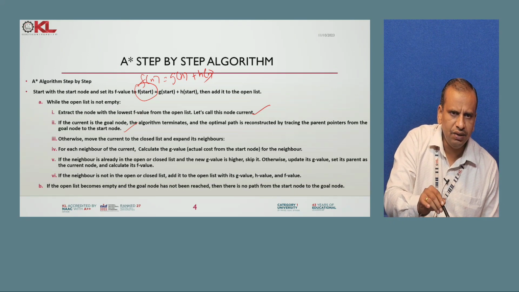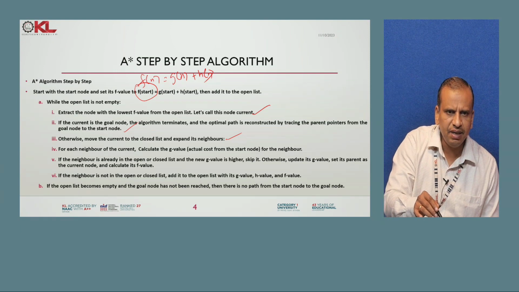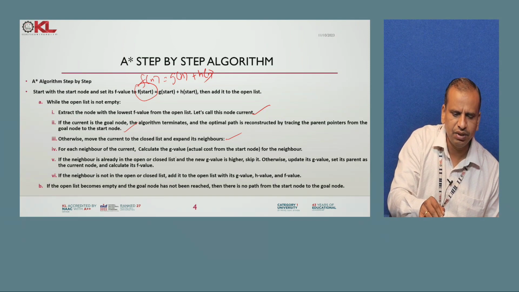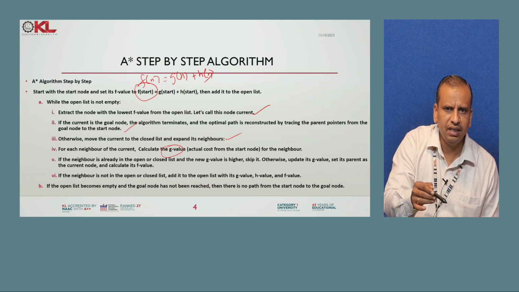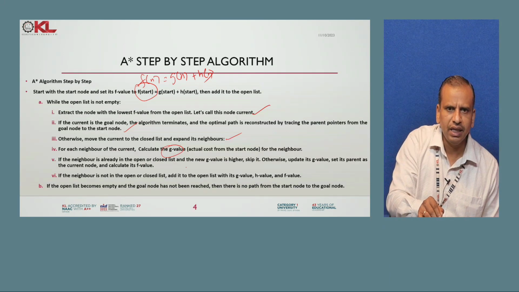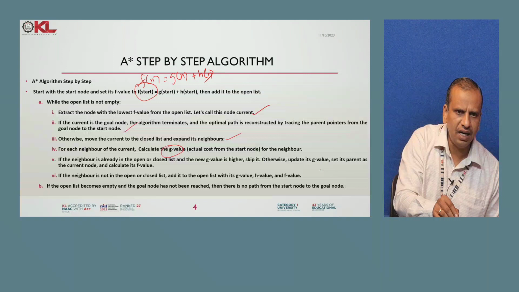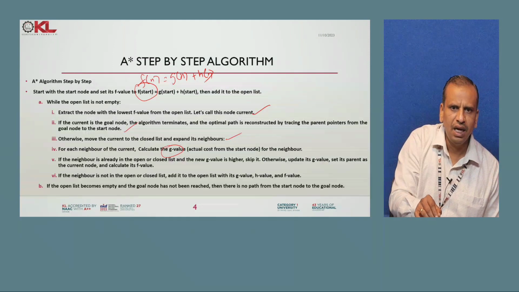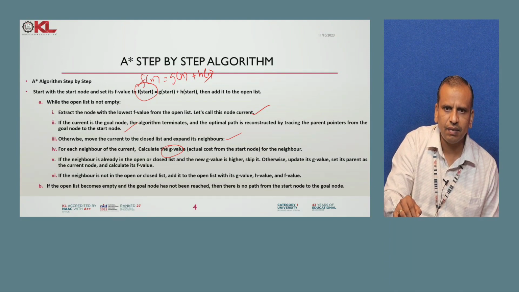Otherwise, move the current node to the closed list and expand its neighbors. For each neighbor of the current node, calculate the g value, which depends on the cost. If the neighbor is already in the open or closed list and the new g value is higher, skip it; otherwise you can update its values. If the neighbor is not in the open or closed list, add it to the open list with its g value, h value and f value.